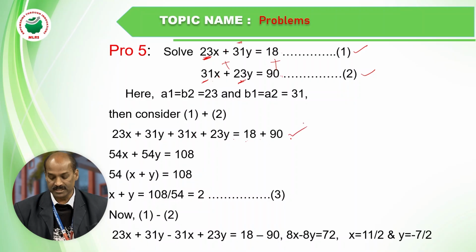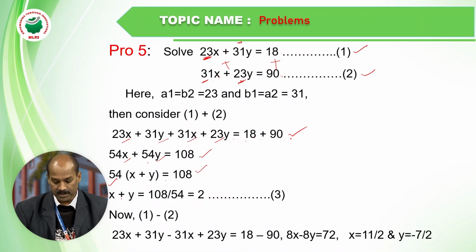So we got this equation by adding the equations 1 and 2. Now here 23x plus 31x. What happened? 54x. Similarly 31y plus 23y, 54y equal 18 plus 90, that is 108. Now 54 take common outside, then we will get 54 into x plus y equal 108. Therefore x plus y equal 108 by 54, that gives 2. You call it as equation 3.